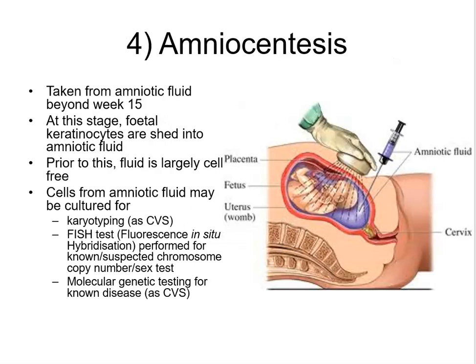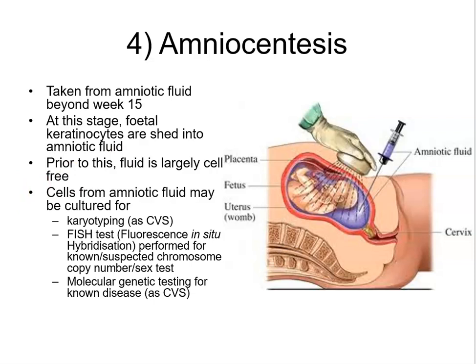There's also the amniocentesis. This is done later, typically if something was identified later on in development. Here again, we're using an ultrasound, guiding in a needle to take some amniotic fluid. The amniotic fluid contains keratinocytes which are shed from the fetus, so we can take those cells and culture them to perform a karyotype.